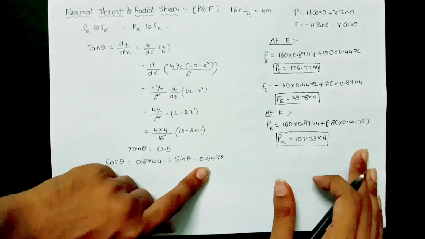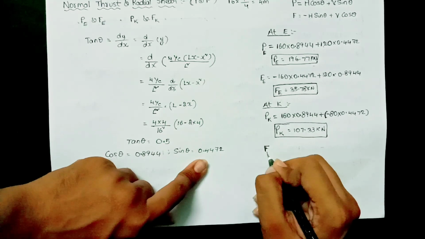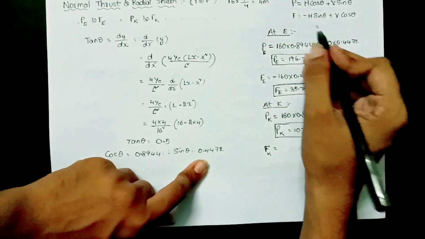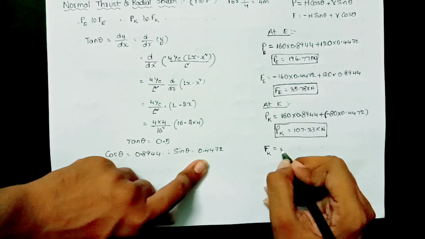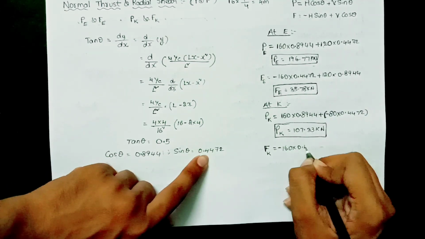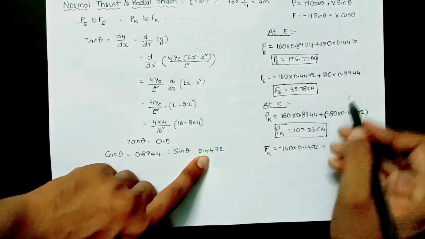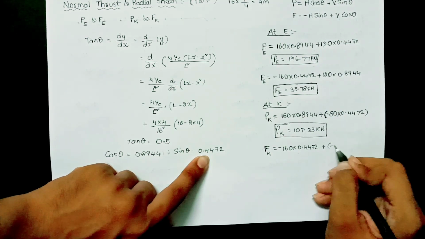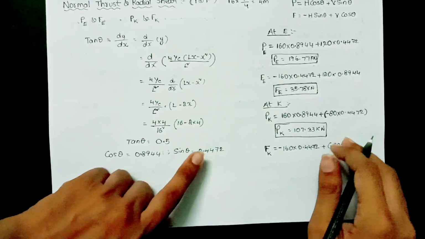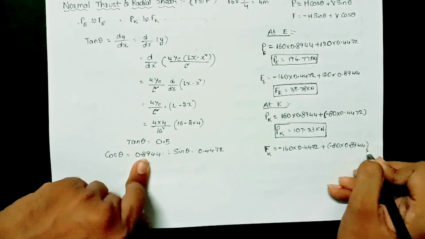Now finally I should calculate the radial shear at K. Radial shear is minus H, that means minus 160, into sin theta, 0.4472, plus V, calculated just now as minus 80, into cos theta, 0.8944.